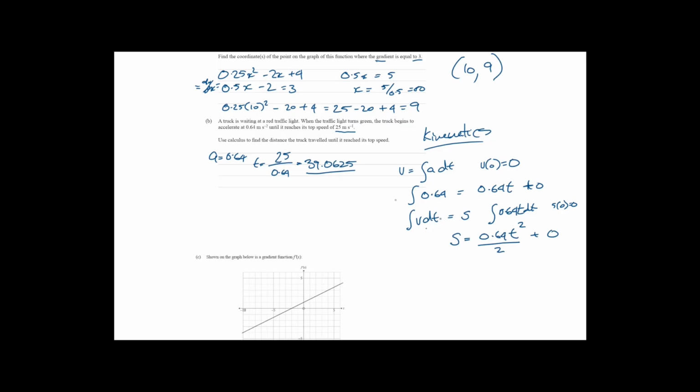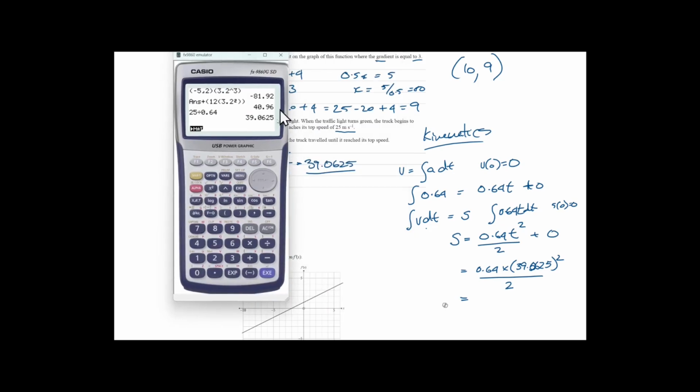So we've worked out the kinematic equations from first principles then. So this is going to be 0.64 times 39.0625 squared, all divided by 2. And that's going to give us some number.